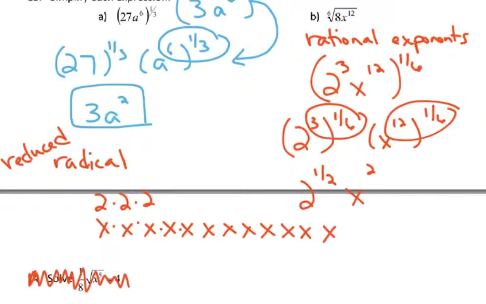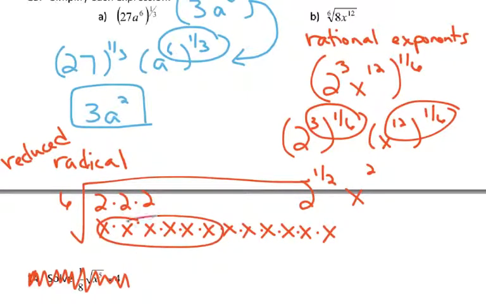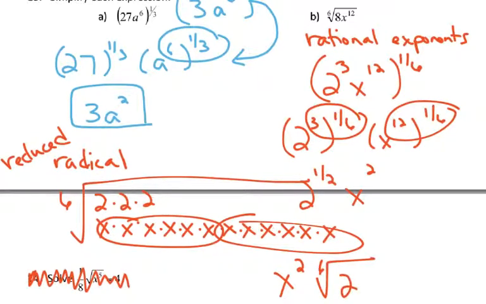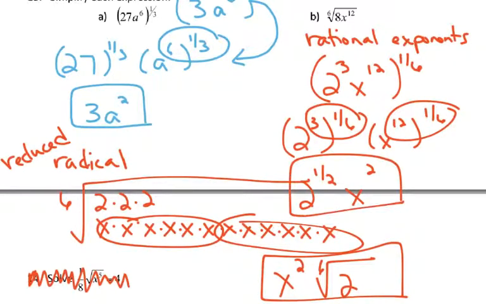You would have had 12 x's, and a sixth root is groups of 6. Well, you would have found out you could take out 2 groups of x's, but you can't take out any 2's because you don't have enough 2's, and this would be the answer. So if it says rewrite it with rational exponents, this is the answer. And if the problem asks you to do it as a reduced radical, this would be the answer.